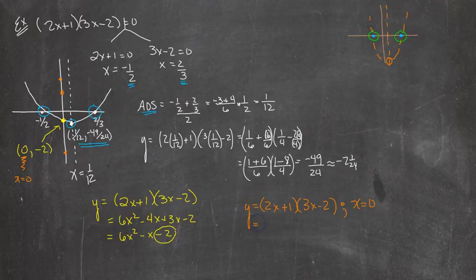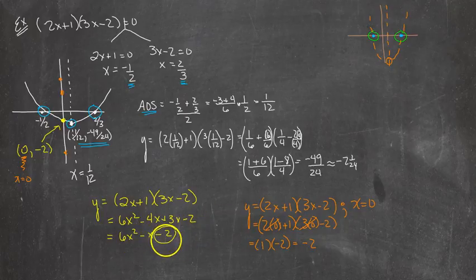So let's plug in 0 for x. 2 times 0 plus 1 times 3 times 0 minus 2. Well, 0 plus 1 is 1, and 0 minus 2 is minus 2. So that equals -2.